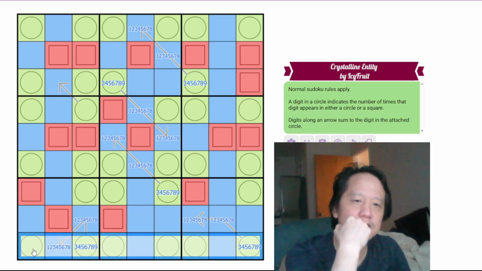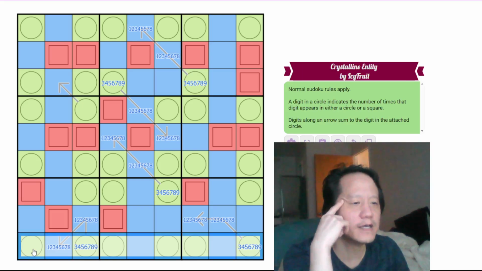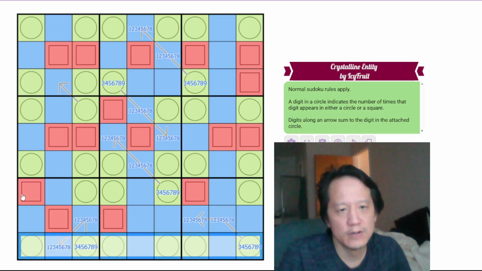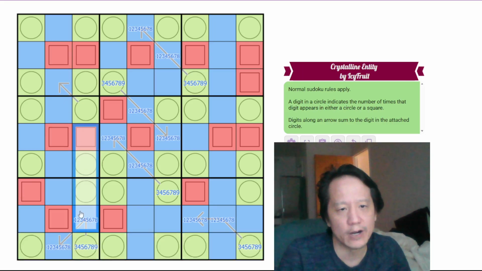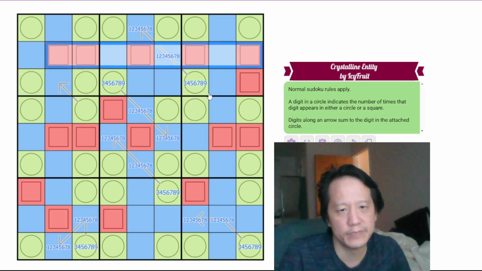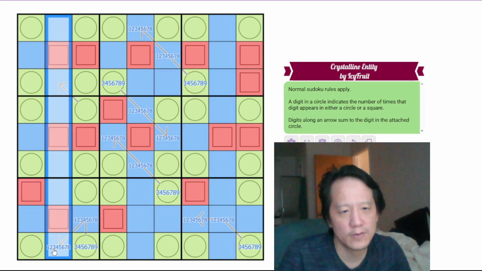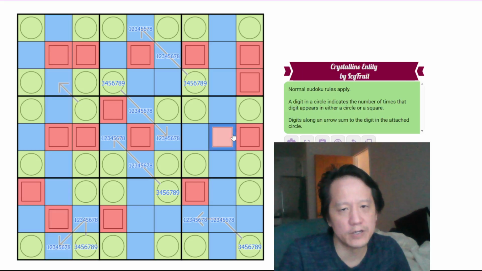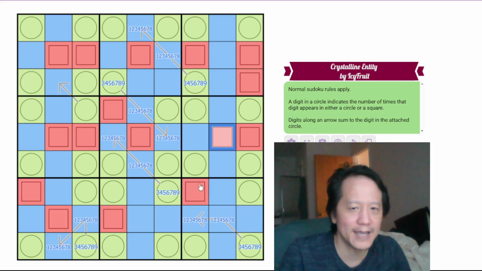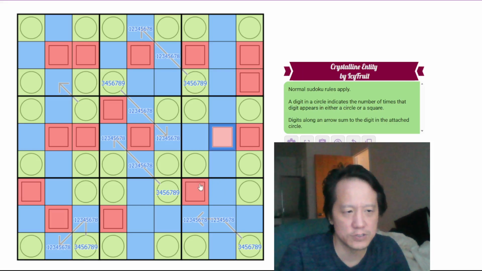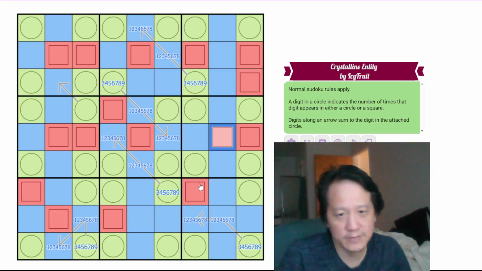There is, that's interesting. There is at least a circle or square in every row and column. This is a unique one. And it's a square, which is interesting. Not that interesting. There's 2 here and they're both squares.